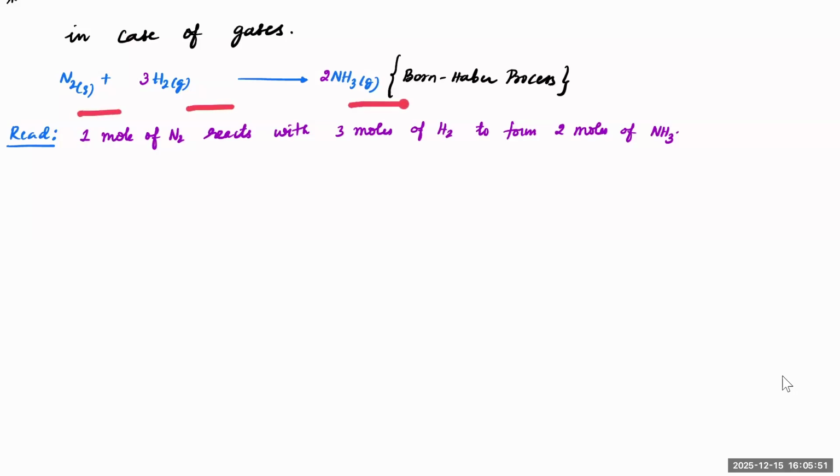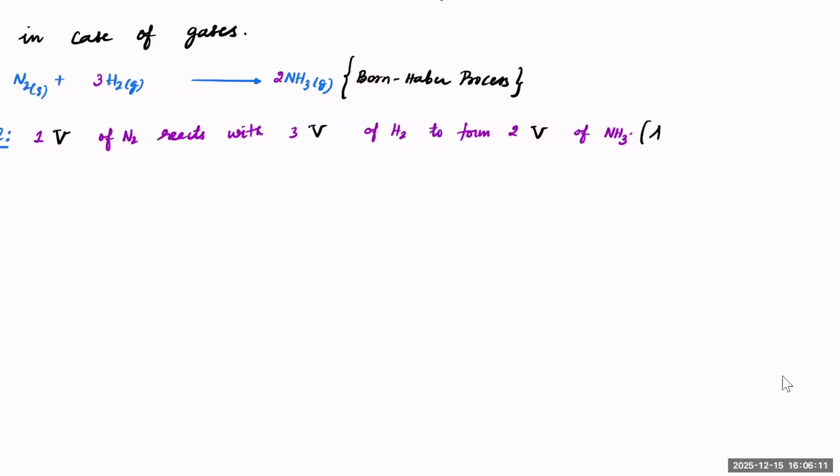Since all of them are gases, I can use it this way: one volume of N2 reacts with 3 volumes of H2 to form 2 volumes of NH3. If you are able to use this, we simply call it Avogadro's law.